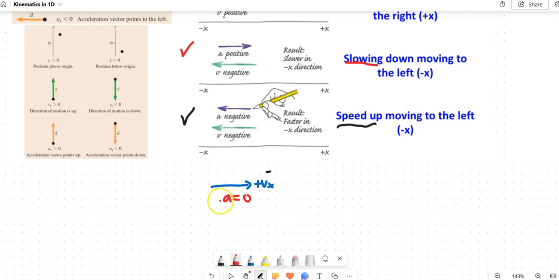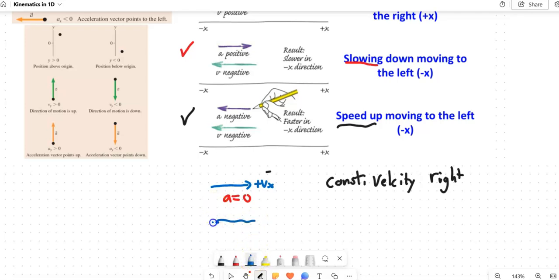That acceleration is adding 0 to your initial velocity, so it's not changing your velocity. So this is constant velocity to the right. So you're moving to the right at a constant velocity. Constant velocity is when you have a velocity vector, but no acceleration vector.